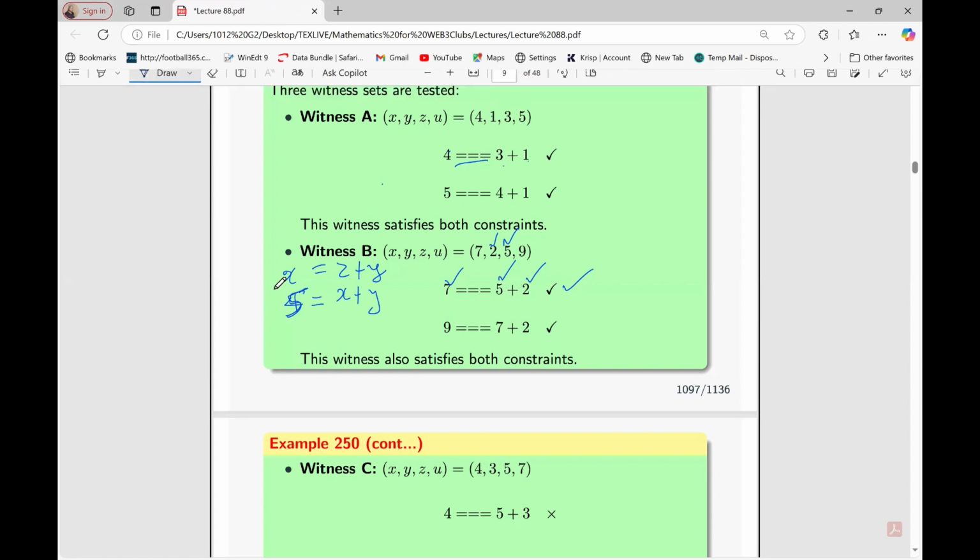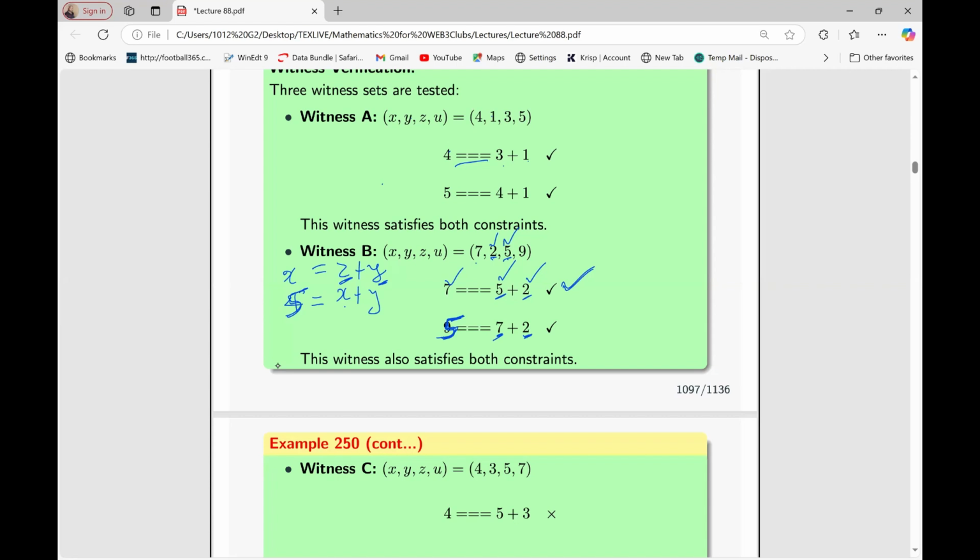Okay, so the first constraint is this x. Where there is x, you put the value of x, which is 7. And where there is z, you put the value of z, which is 5. And where there is y, you put the value of y, which is 2. And this is satisfied. And this other constraint is supposed to be 5 equals x plus y. x is 7 and y is 2.